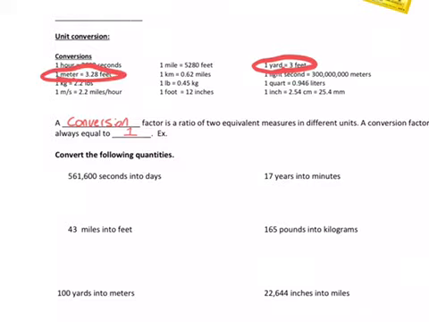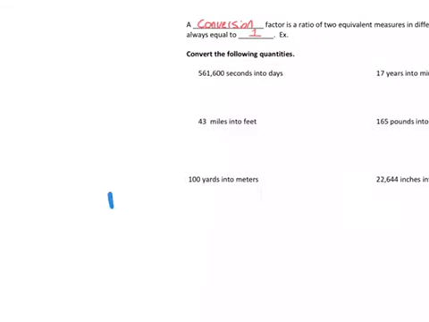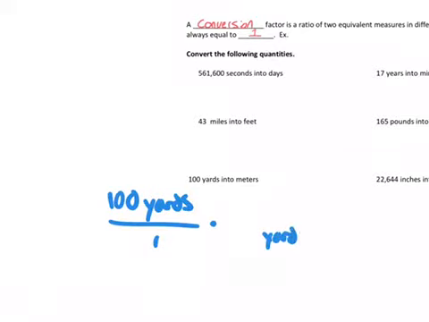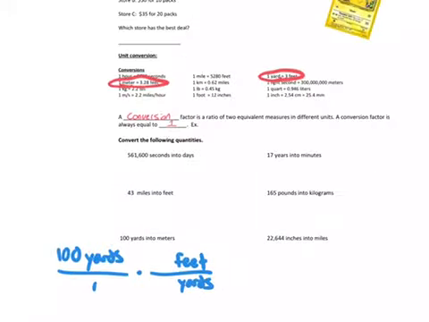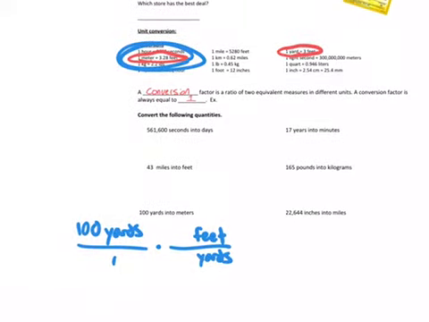That's okay. I'm going to start off with 100 yards over 1. I want to get rid of yards, so I'm going to put yards in the denominator, and travel to feet, and then ultimately use the feet to find the meters.